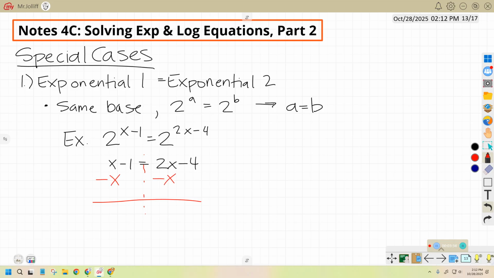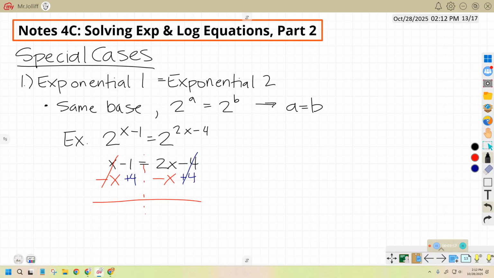I want to move numbers to the left, plus 4, plus 4. Here, the x's cancel. Here, the 4's cancel. So now I have numbers on the left and variables on the right.